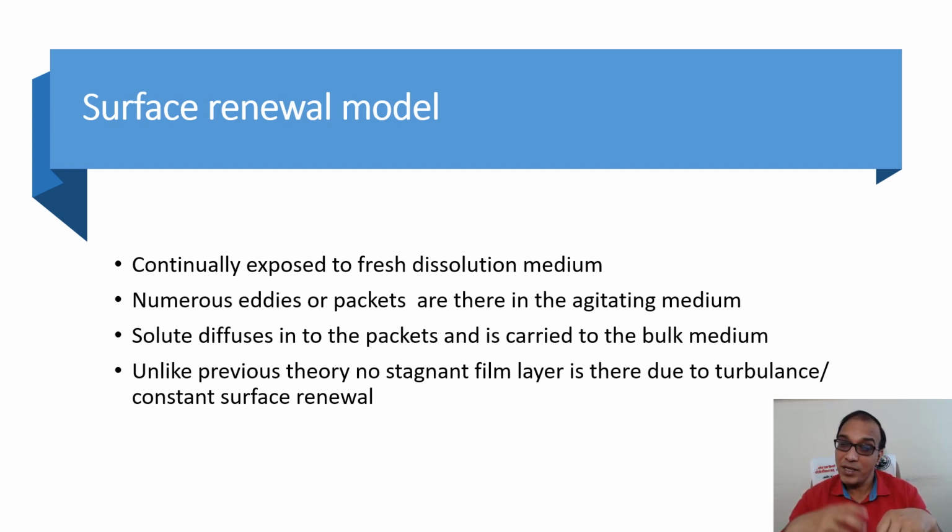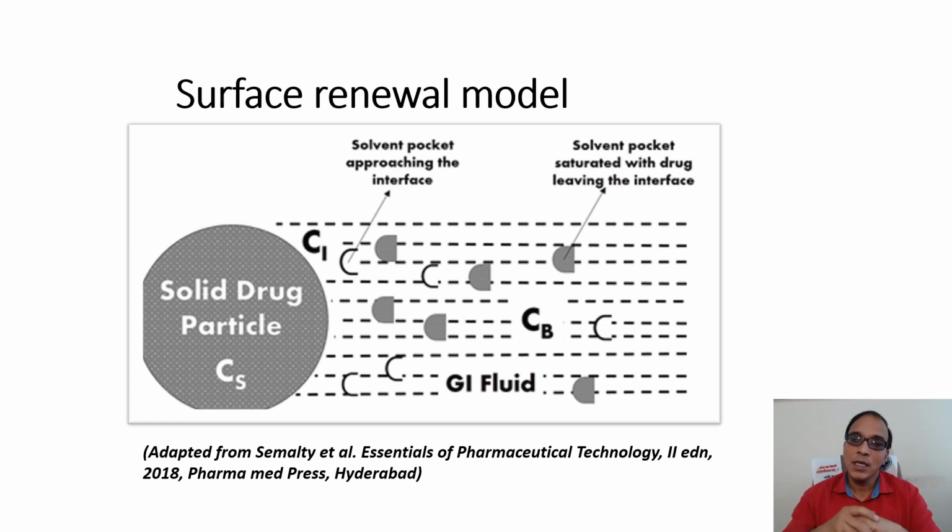Unlike the previous theory, no stagnant film layer is there due to turbulence or constant surface renewal. So surface renewal is the prime factor here. Let's see in this figure that solid drug particles are there and the drug is going into those solvent packets, and then it is being carried to the bulk. Okay? And the surface renewal is happening again and again.